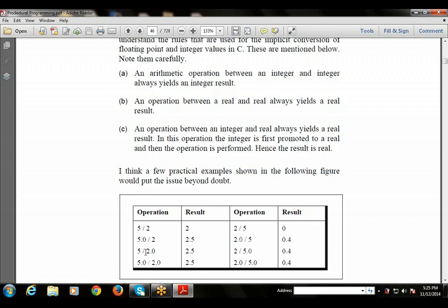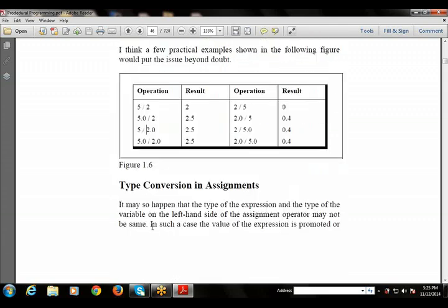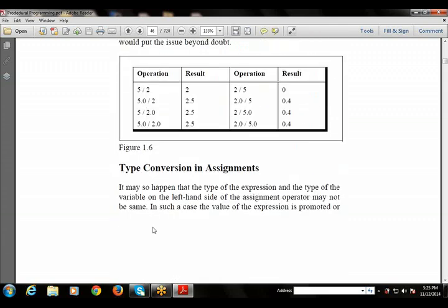In the same way, in this one, one is an integer value and one is a real value. So one is an integer constant and one is a real constant, that is a floating point number. Next, type conversion in assignment, that is, how different conversions can happen in the assignment operator.